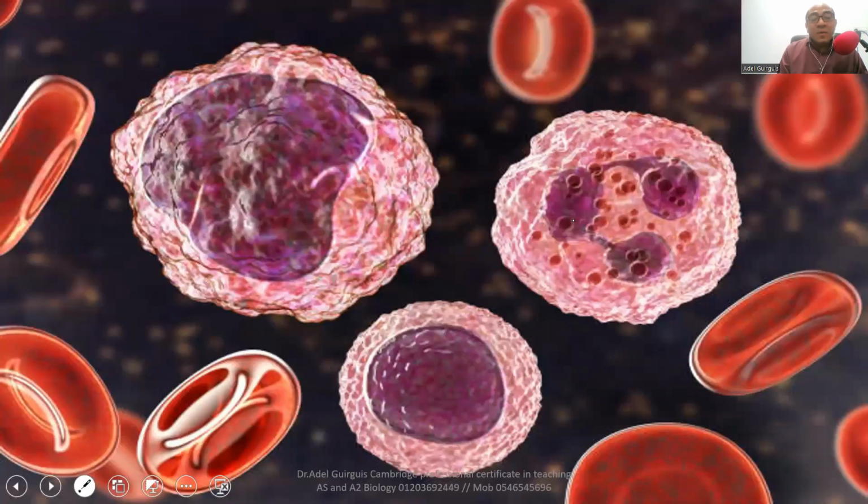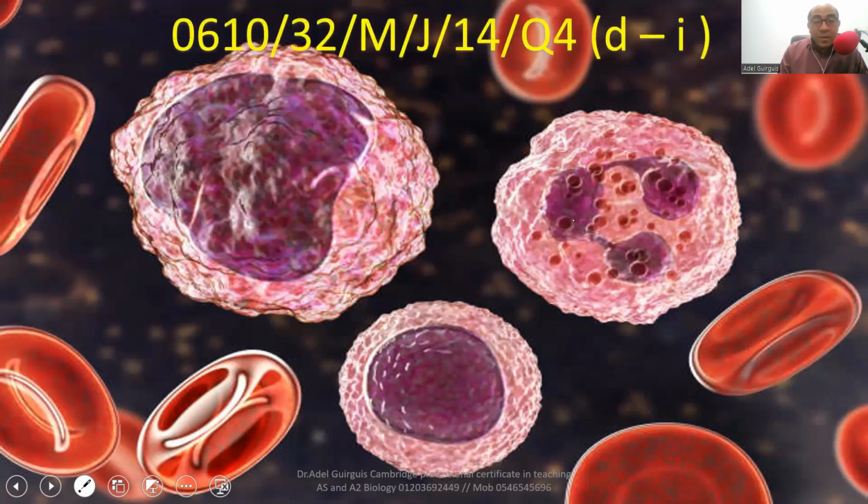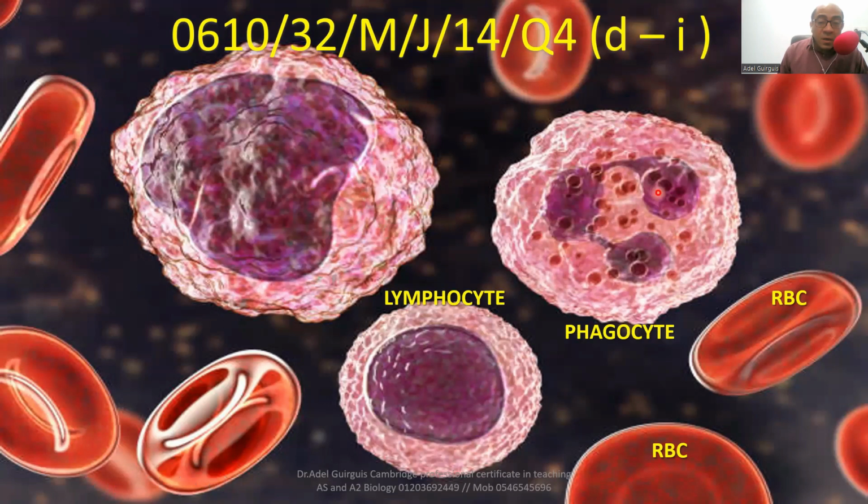Look now at this very pretty figure of some blood cells in a blood sample. This comes from Variant 3, May/June 14, question 4, d(i). Look, these are RBCs, red blood cells. This lymphocyte produces antibodies. The phagocyte engulfs microbes, and notice it has a lobed nucleus, larger than the lymphocyte.